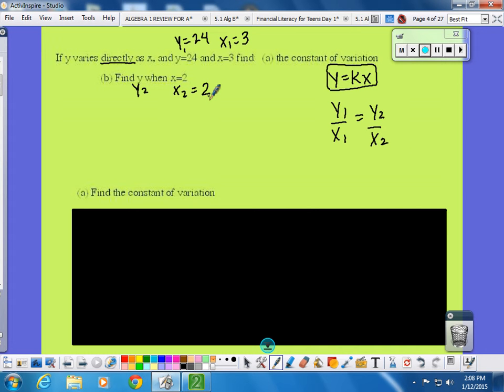Let me give you a chance to write all that down. The A part says to find the constant of variation. So where is the constant of variation? It's right there in that equation. So we're going to take the y that was given to us and substitute in for y, and take the x that was given to us here and substitute in for x.